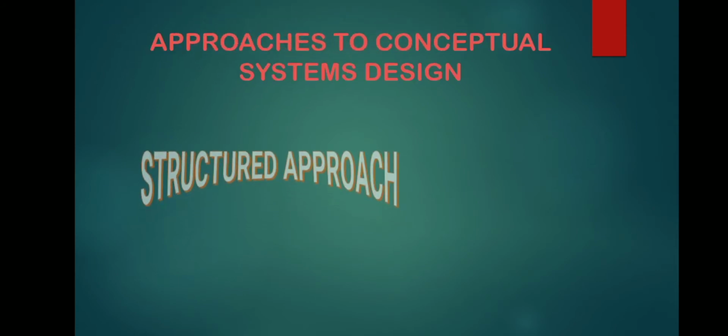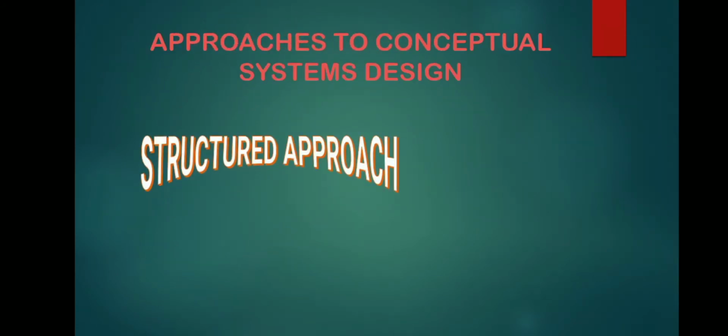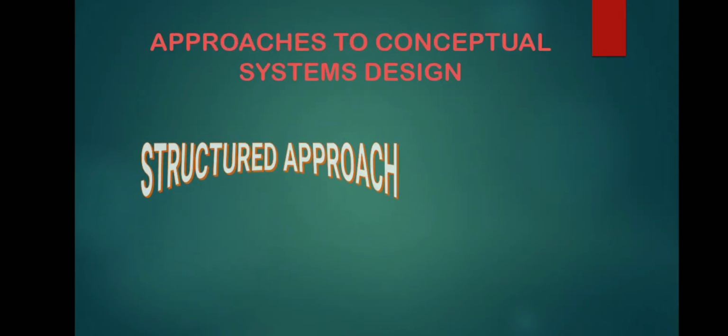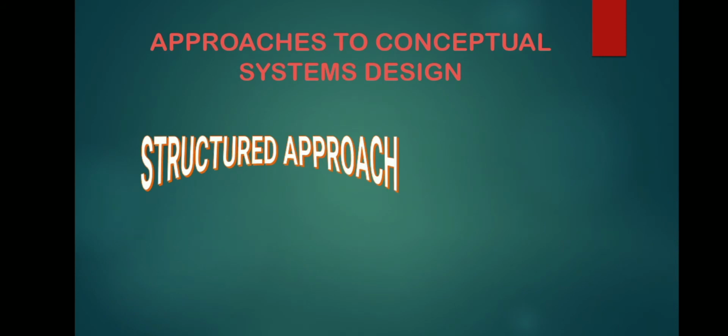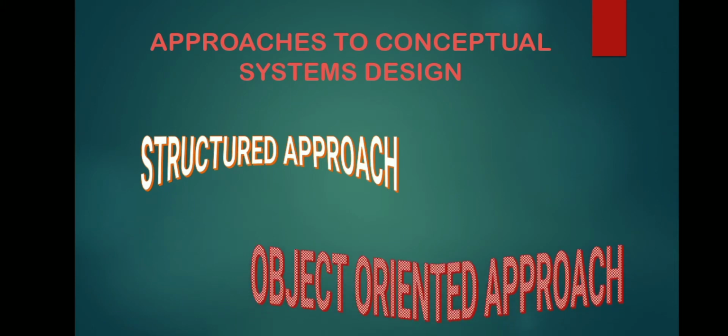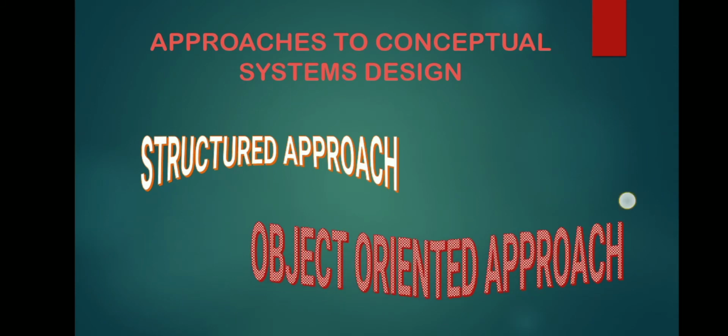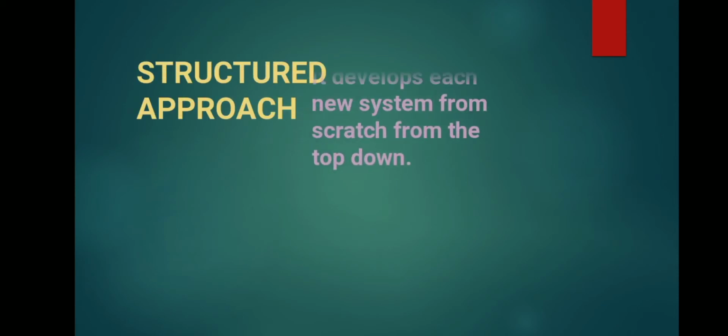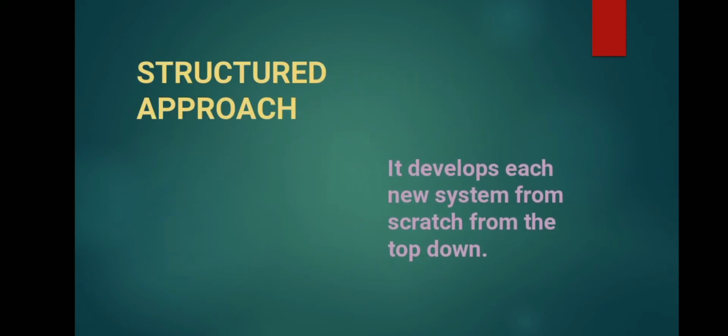There are two approaches to conceptual system design: the structured approach and the object-oriented approach. What is the structured approach? It develops each new system from scratch from the top down.